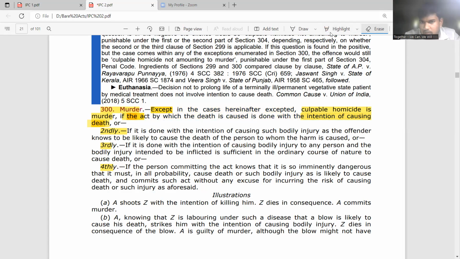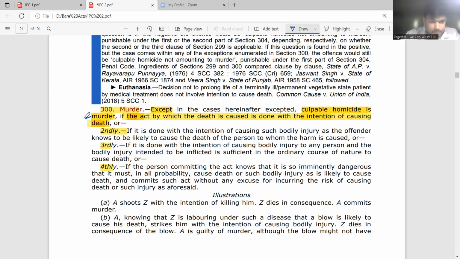Just read this from here. Culpable homicide is murder if the act by which death is caused is done with the intention of causing death. So it necessarily means that section 299 1, which talked about intention of causing death, straight away if someone is able to prove section 299 clause 1 that he had the intention of causing death, then automatically it will come under section 300 and the punishment will be under section 302.